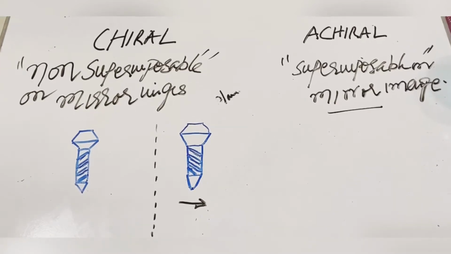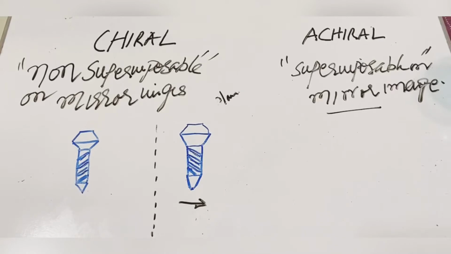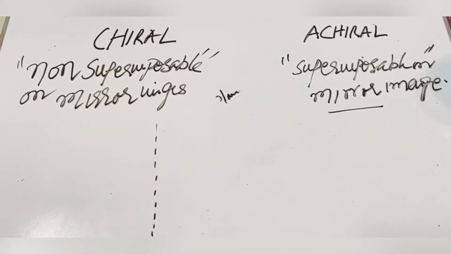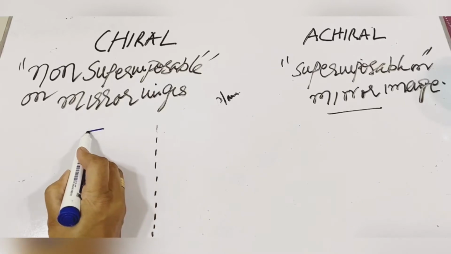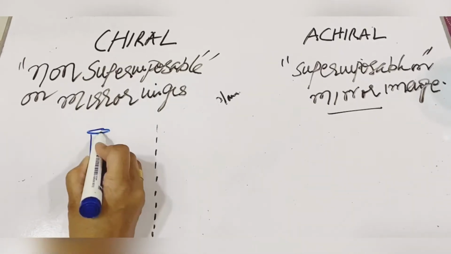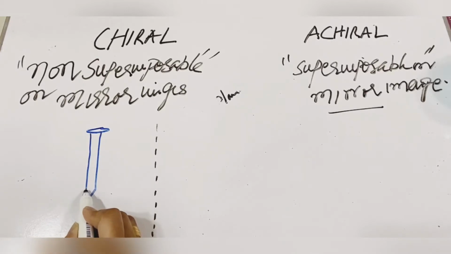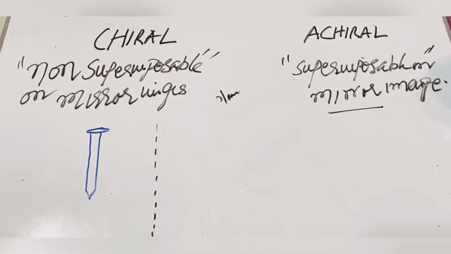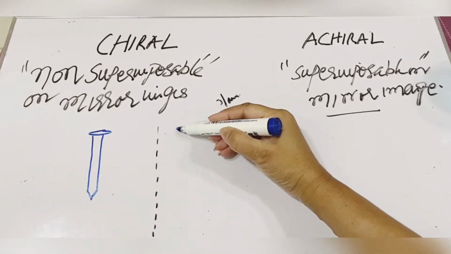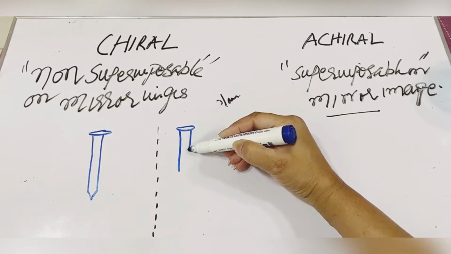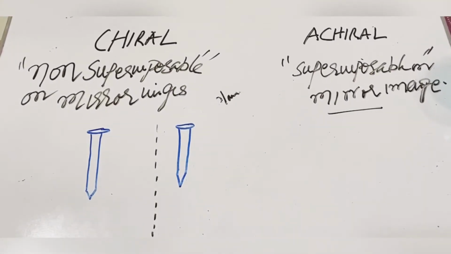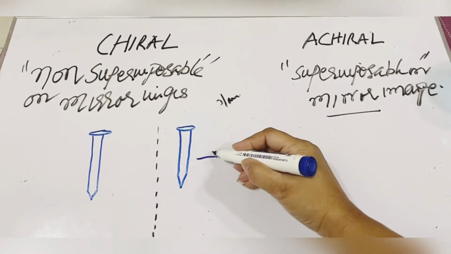Whereas if you draw another nail, yes, now if you look at them, if you superimpose them, they are going to be superimposed easily.